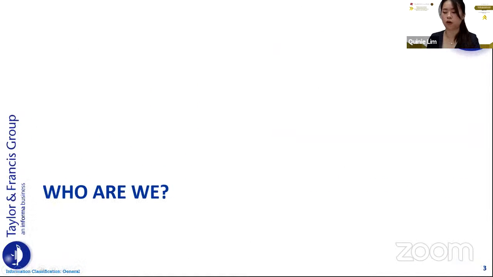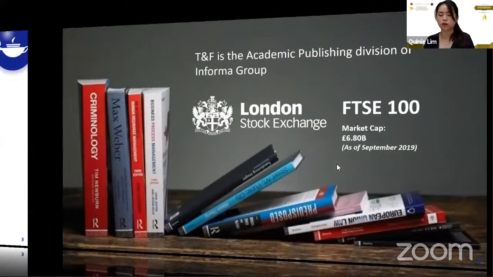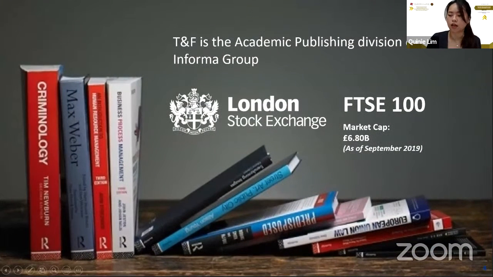So for the benefit of those who are new to Taylor and Francis, here's a bit about Taylor and Francis as a publisher before I go into details of how to use the platform. Taylor and Francis Group is part of Informa PLC, which operates in the knowledge and information economy, one of the world's leading businesses in intelligence, publishing, business publishing and events.